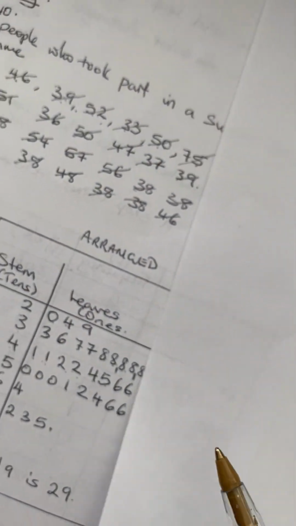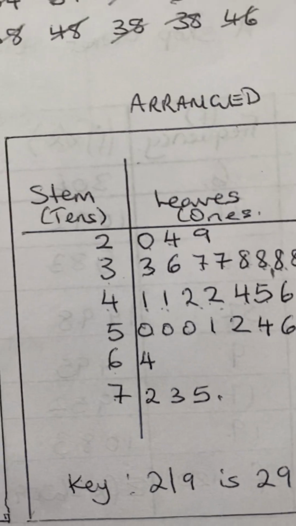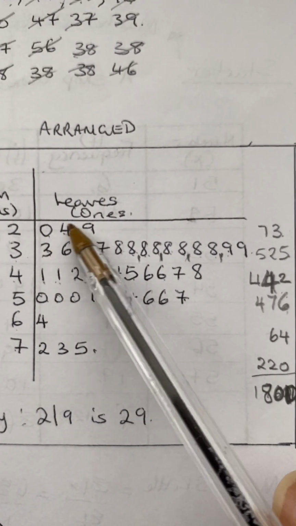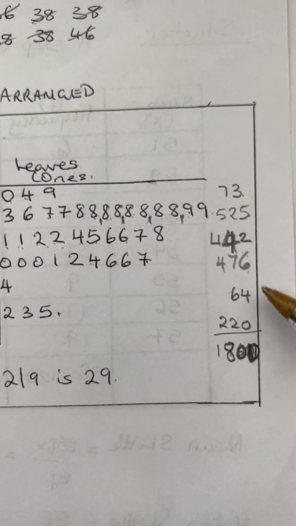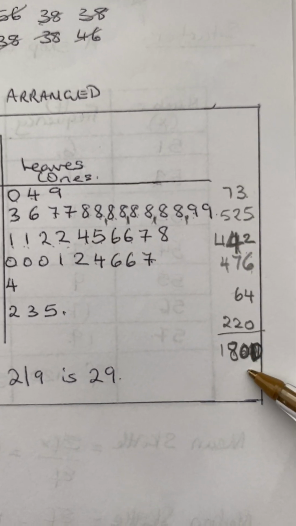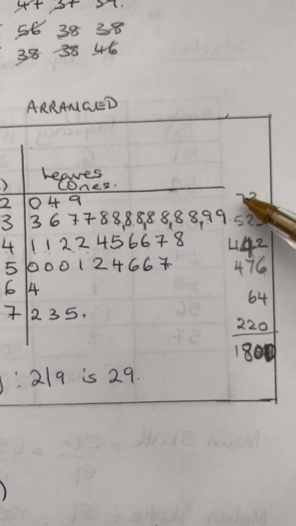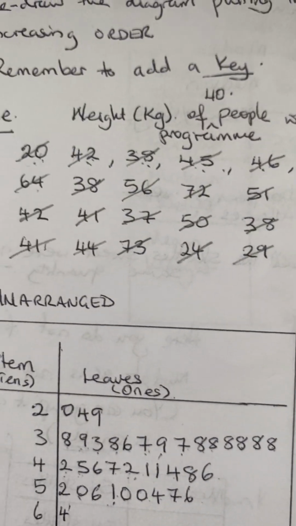Now the mean weight, for a stem and leaf diagram, they might or they might not ask. Yesterday I told you that you can add them in rows, and then you add them. That'll be the total of all the numbers.